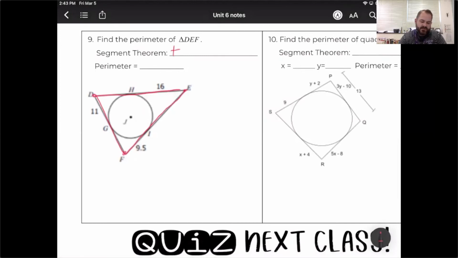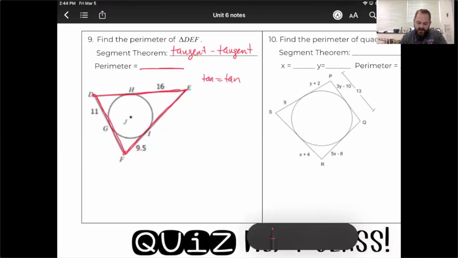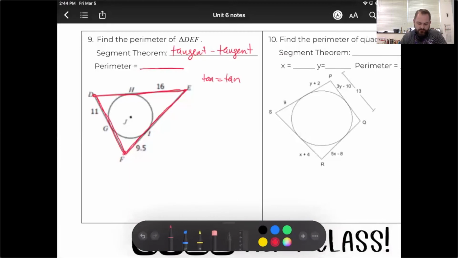So this is still the tangent-tangent theorem, all right? But the final result here is that we want the perimeter of this triangle, or the perimeter of this outside shape. Okay, we're going to use tangent, tangent. Remember, tangent, tangent just means each tangent segment is equal. So I'm going to actually color code this for you.